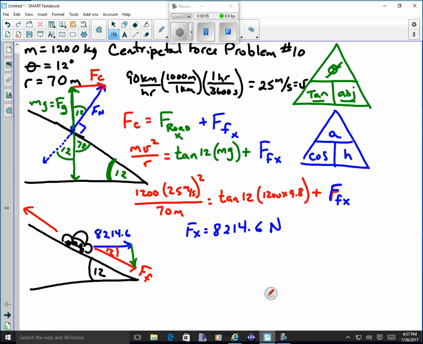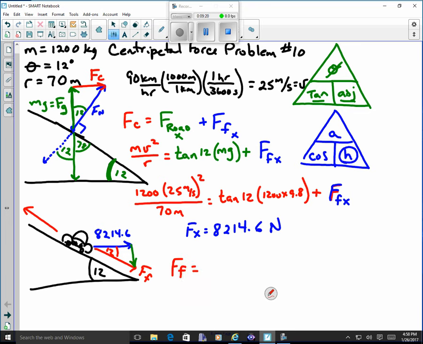Then, if I'm looking to find the hypotenuse, I want you to look at this blue triangle over here. You want to find the hypotenuse, this one right here. Cover up that H, and so that means it's adjacent divided by the cosine of the angle. So I'm going to take the adjacent side, which is, see, this is the hypotenuse, the force of friction.